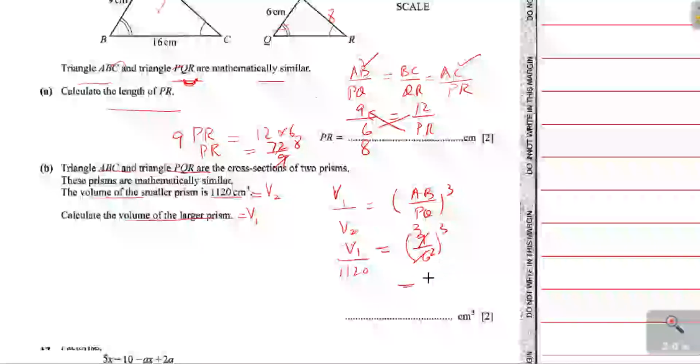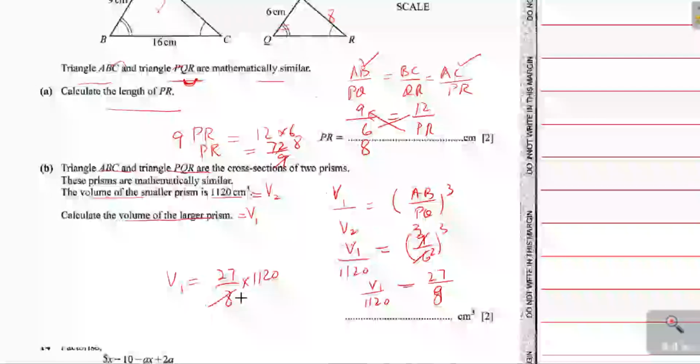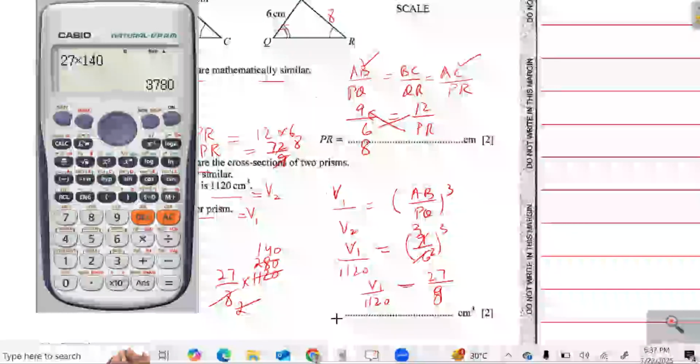This is 3 over 2 cubed, that will be equal to 27 over 8, and this will be equal to 27 over 8 multiplied by 1120. Dividing by 8, 4 times 2 is 8, 4 times 8 is 32, 4 times 0 is 0, and 2 times 14 is 28, 2 times 0 is 0. We will multiply 27 into 140. We get 3780, and 3780 would be the answer.